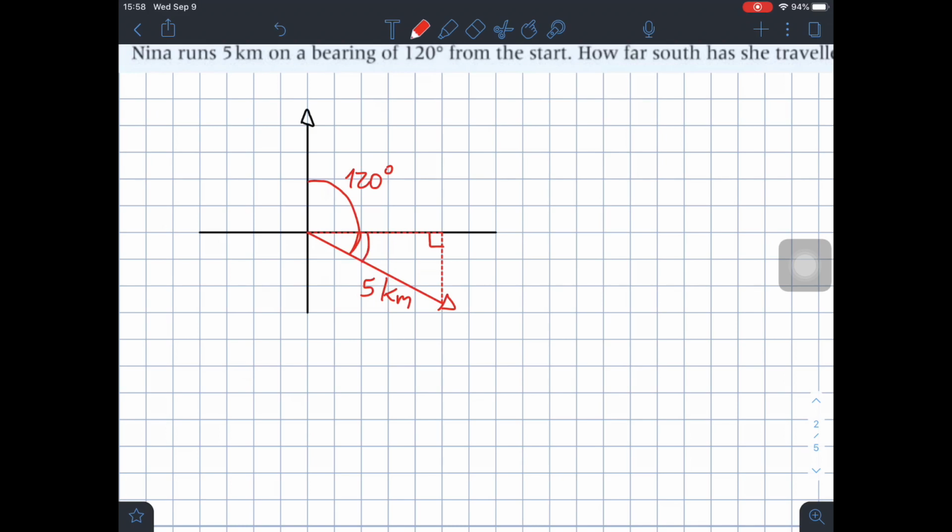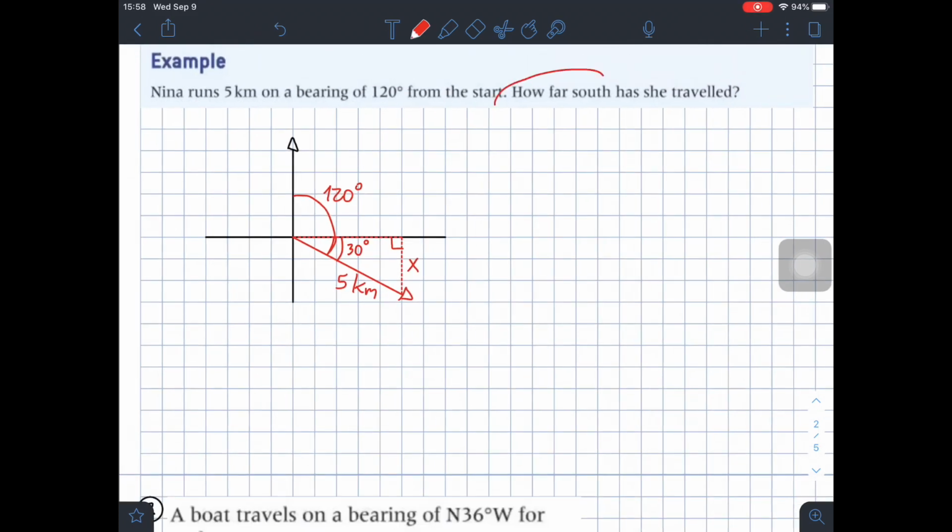So let me trace this as 30 degrees. We want to find this value over here. Why? Because it says, how far south has she traveled? So this distance represents the distance that she traveled south.